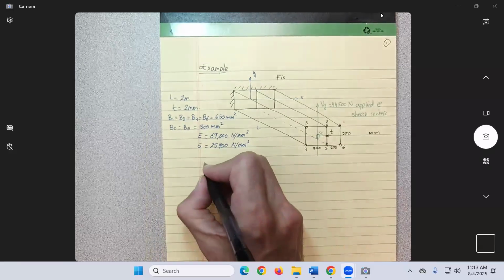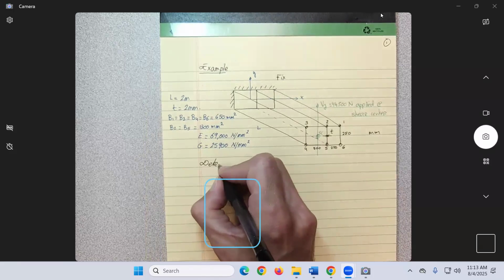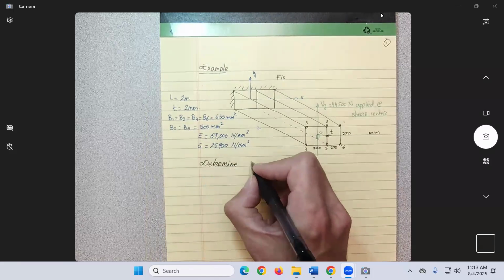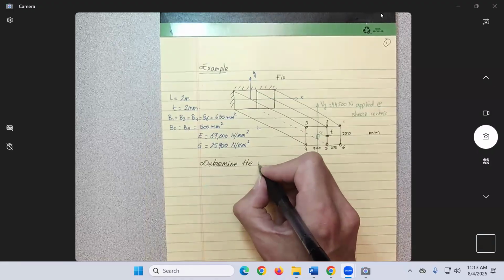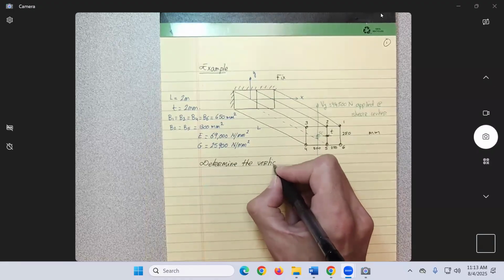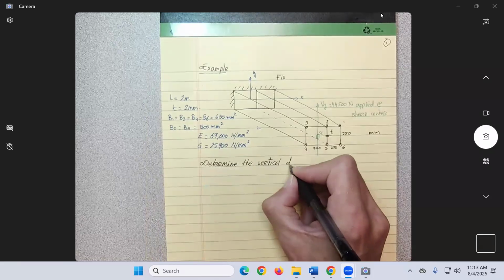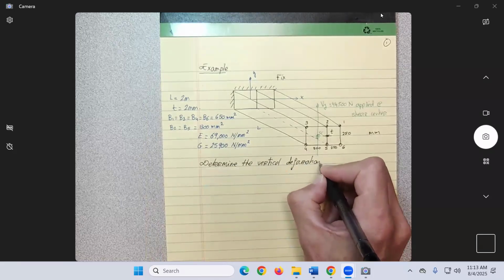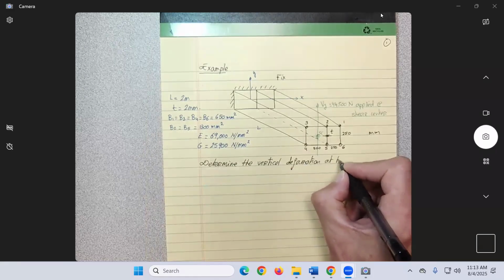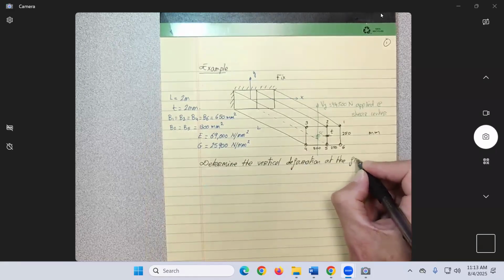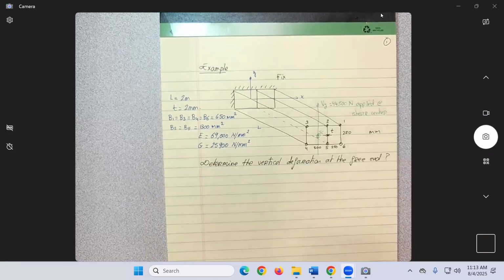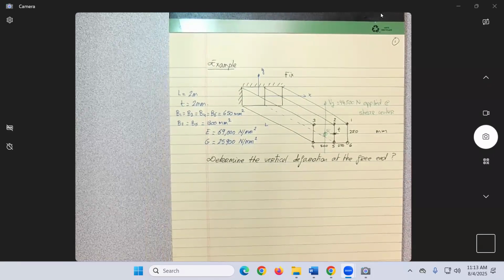So the question is to determine the vertical deformation at the free end.